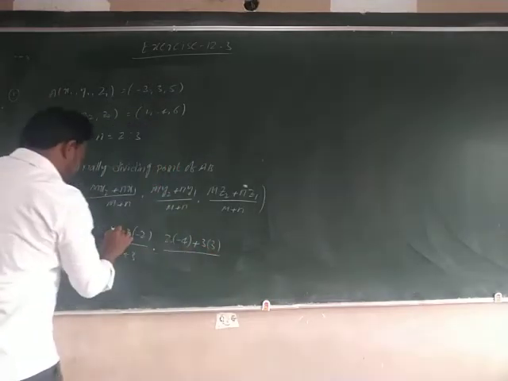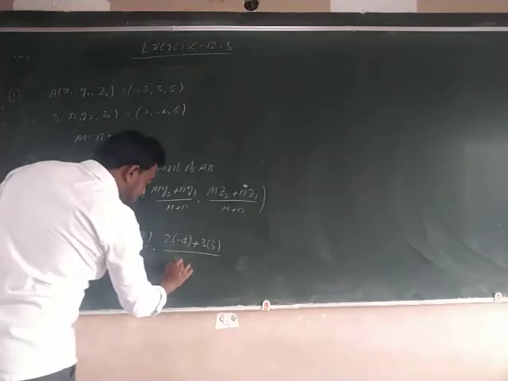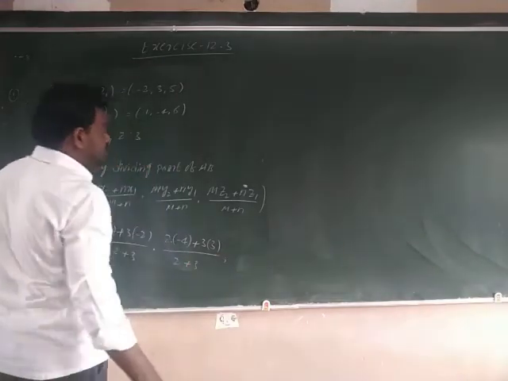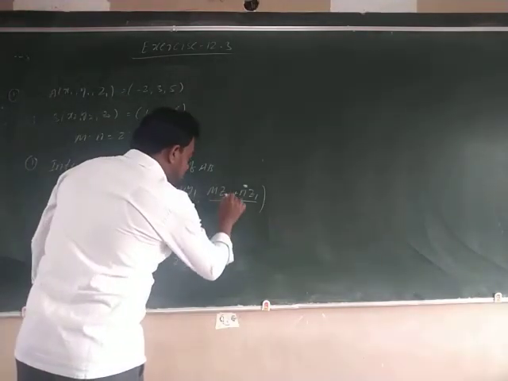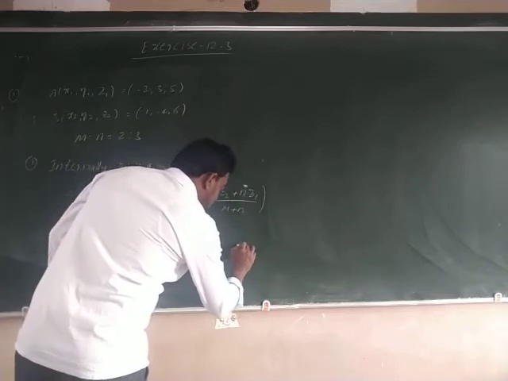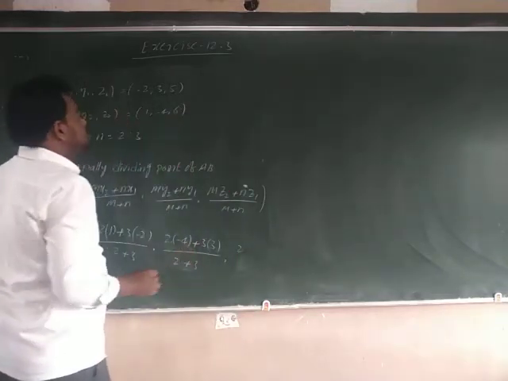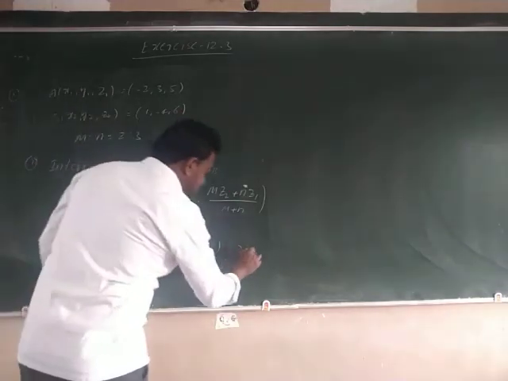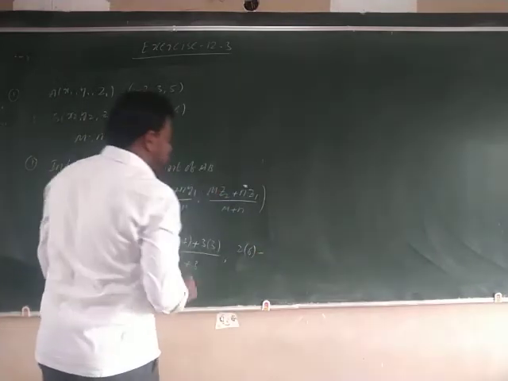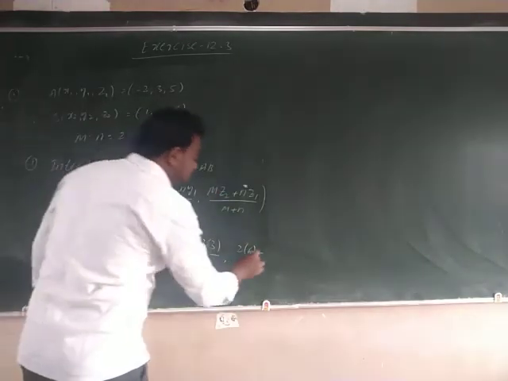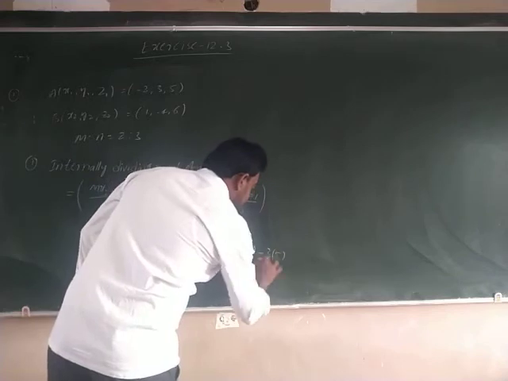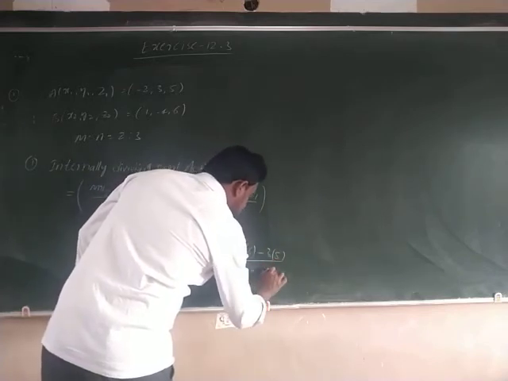by m + n, 2 + 3, comma, m z2: m is 2 into z2, z2 is 6, plus n z1, 3 into 5, by m + n, 2 + 3.